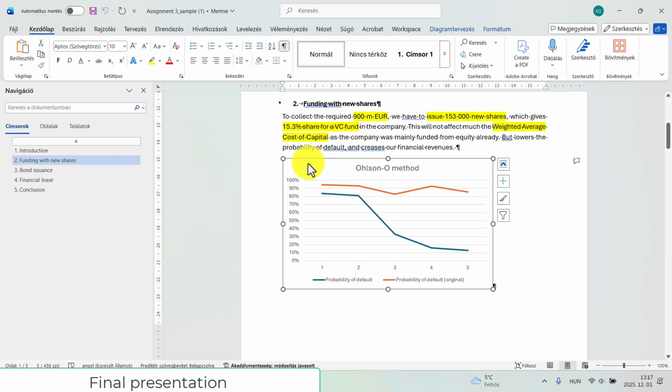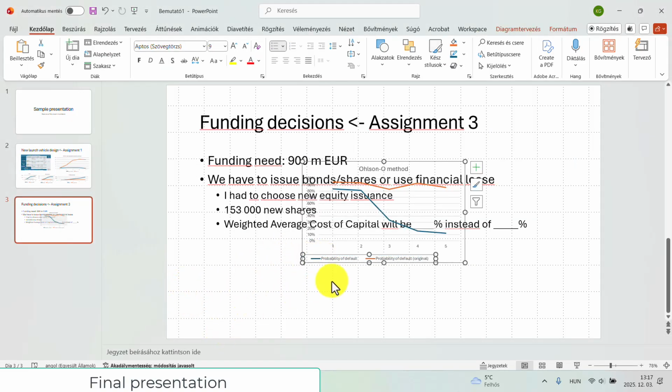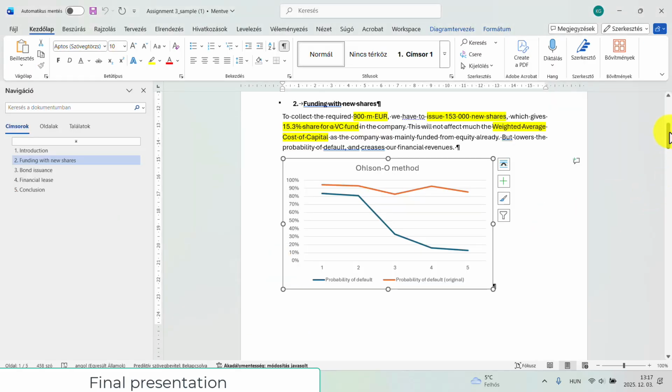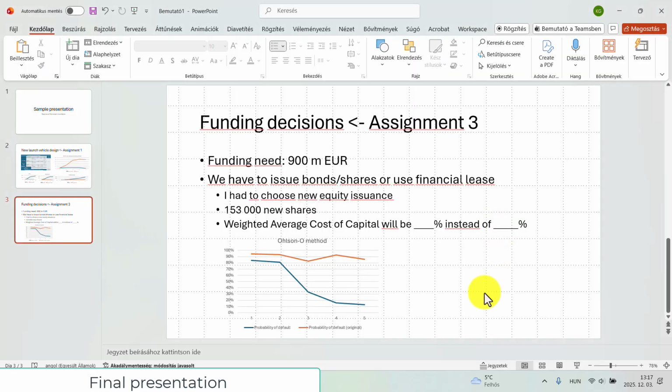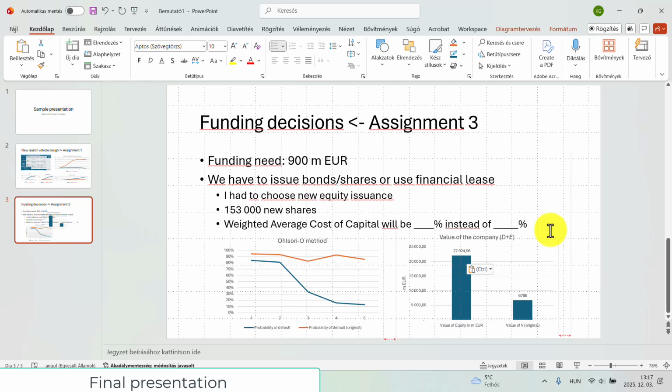Then the diagnostics: the Ohlson score. If we are doing this, then obviously the probability of default should go downwards, otherwise we have issues, and also the value of the company will change.